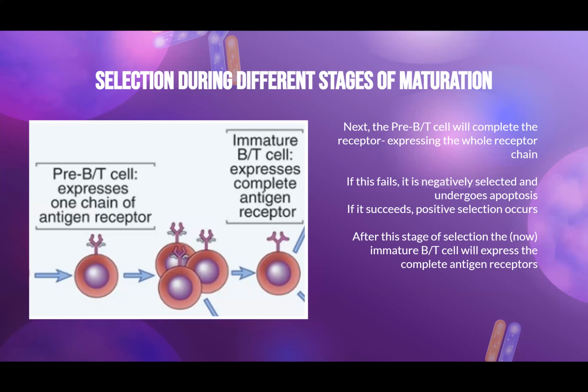If this fails, it is negatively selected and once again undergoes apoptosis. If it succeeds, however, positive selection occurs. After this stage of selection, the now called immature B or T cell will express the complete antigen receptors. So you see they created part of it, they will express part of it, and then if they're positively selected, they will express the complete receptor.